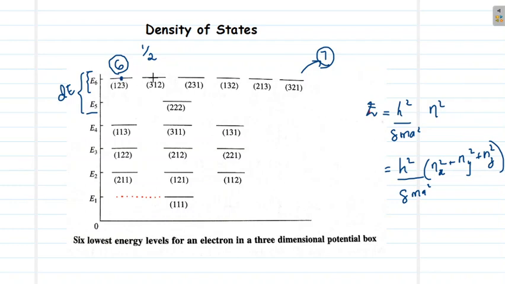So suppose here the probability is also 1 by 2, and I did not find an electron there. So 1 by 2 probability means when you search 2 of the states, one of them will contain an electron. So how many electrons are here? Totally there are 3 electrons. How did you get that? If you multiply the number of states with the probability, you can find the number of electrons.